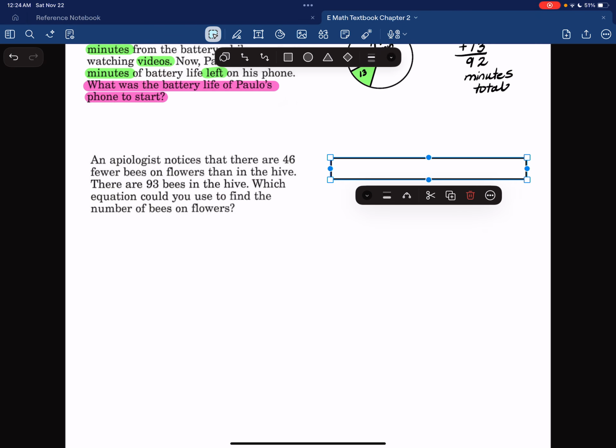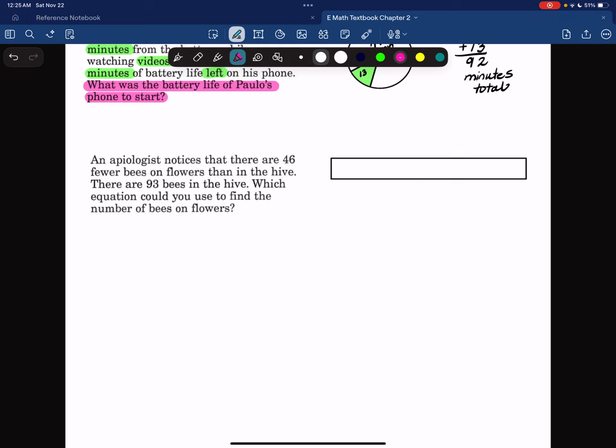So here we have the total, which we don't know. And we have the number of bees in the hive. That's 93. And the number of bees on flowers is 93 minus 46.